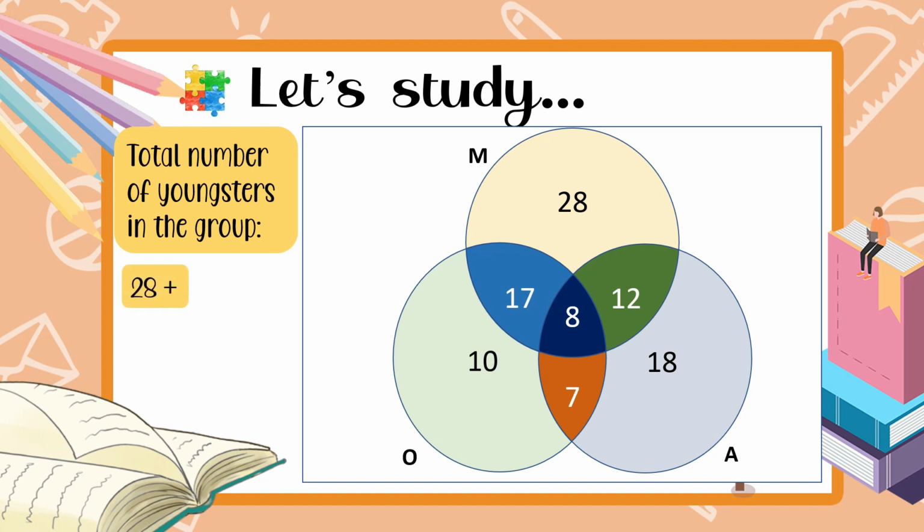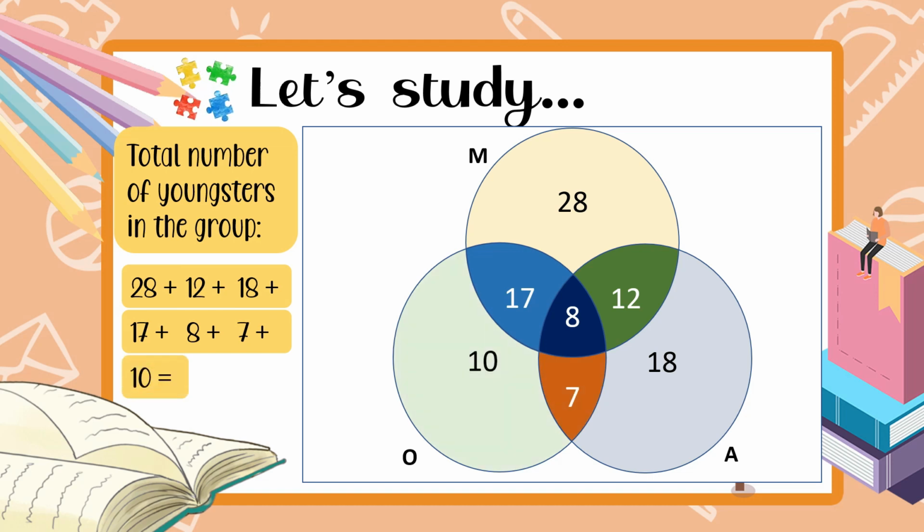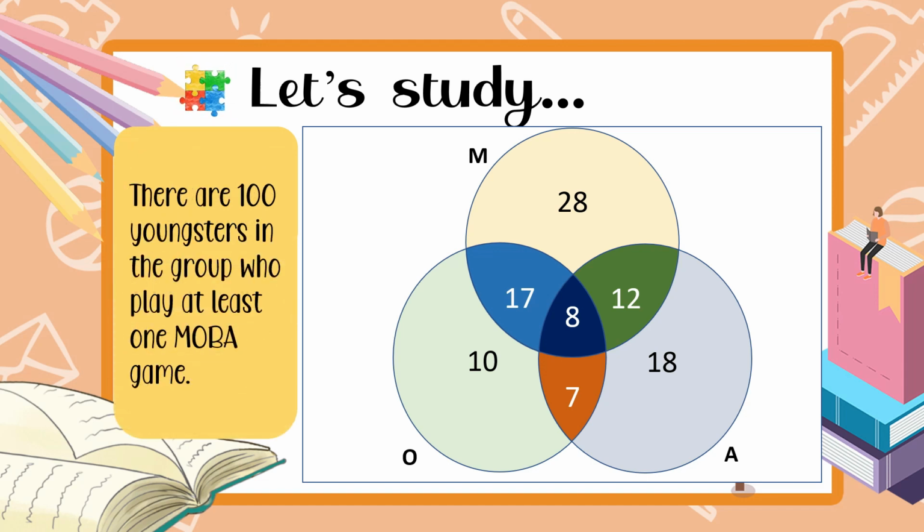So we have 28 plus 12 plus 18 plus 17 plus 8 plus 7 plus 10. Okay? And the total will be 100. Therefore, there are 100 youngsters in the group who play at least one MOBA game. Yan. Nasagutan natin yung kaisa-isang question dun sa ating problem.